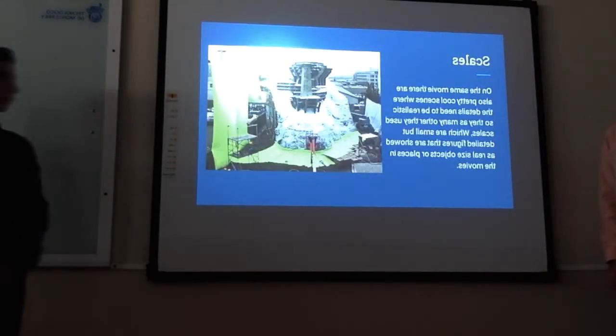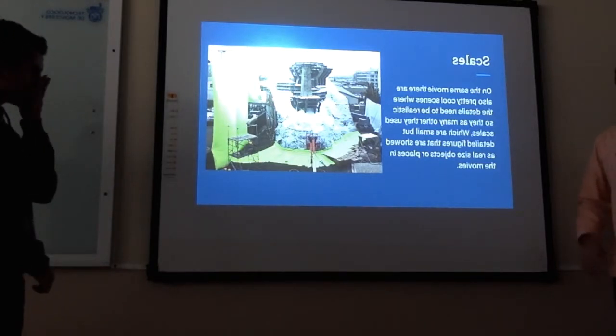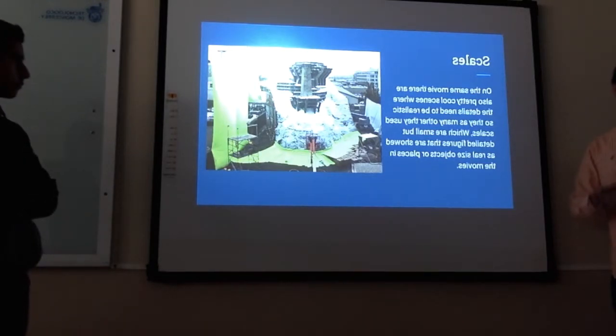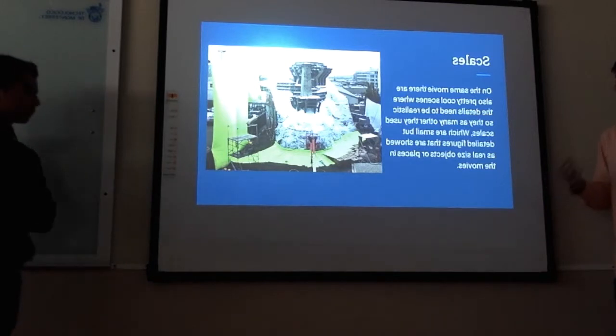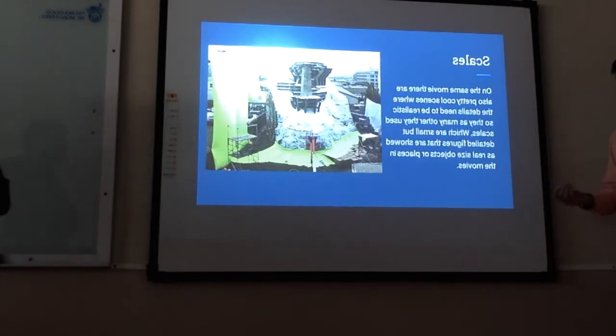scales. There are some movies that also have pretty cool scenes with incredible backgrounds, but to make them look more realistic, they sometimes need to build scale buildings, cars, ships, planes, whatever, in order to make the movie look more realistic and look better.